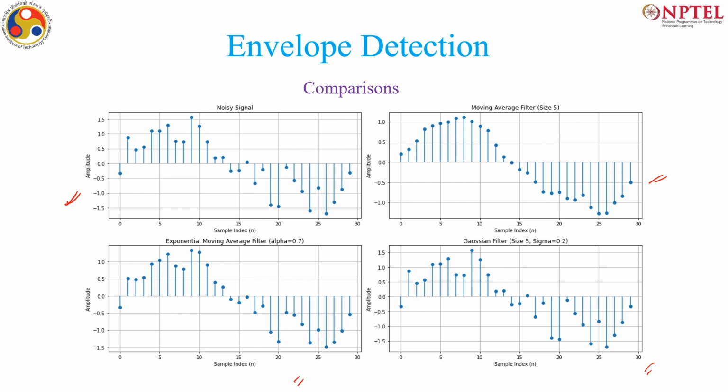But on the other hand, it is removing some detailed information in this region, where the Gaussian is retaining it. The exponential moving average is also retaining it, but my moving average filter is distorting or smoothing out that detail, which may not be desirable in many signal processing applications, but for envelope detection, this may be desirable.